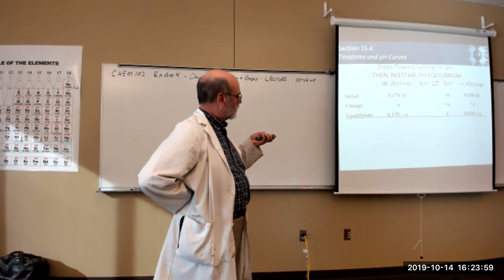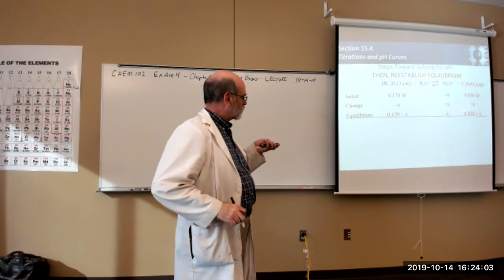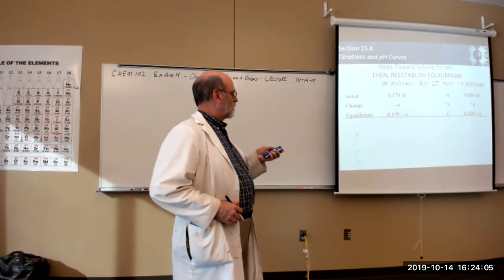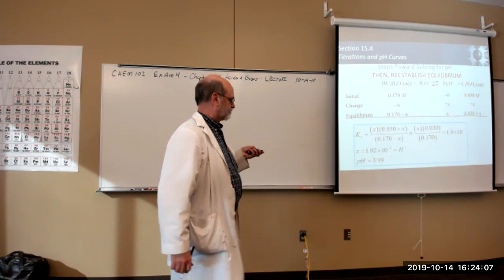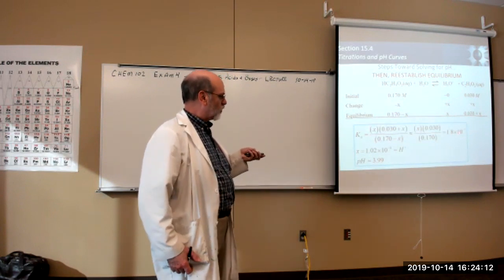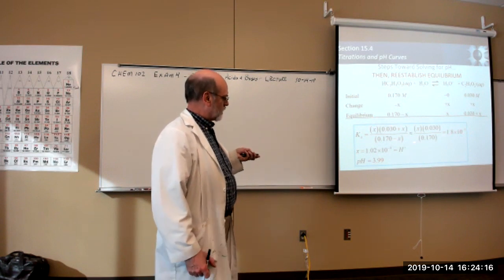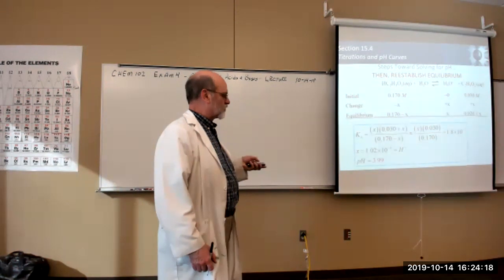So the ratio of this one to that one is important, these two. So here we have this one, and that one. Plug them into the equation for the Ka. And the Ka for acetic acid is 1.8 times 10 to the minus 5. Right? We drop that X because it's so small. We find the pH is 3.99.